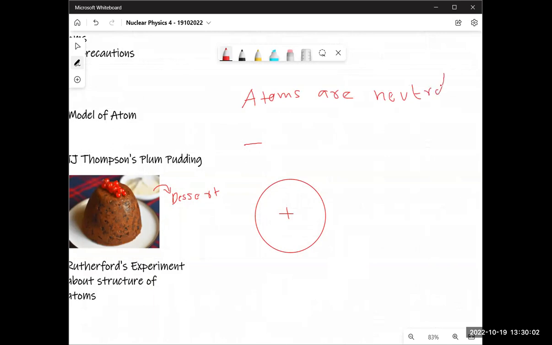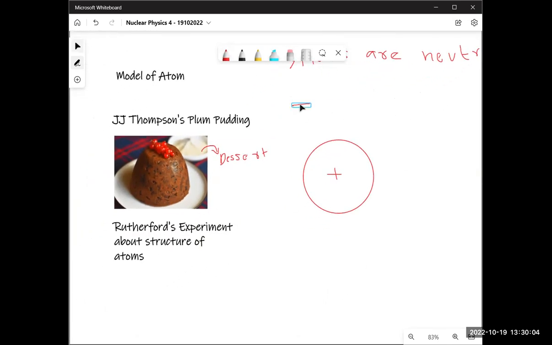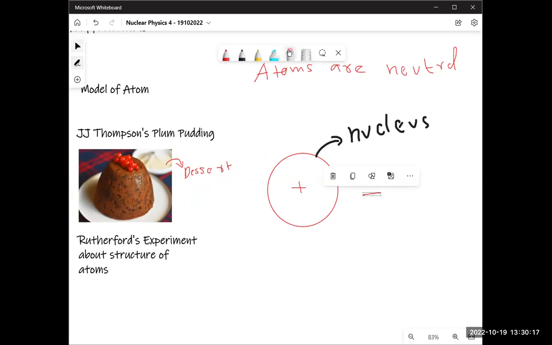Fine. But what Thomson suggested was that the atom looks something like this: the positive proton, the nucleus. This is the nucleus, and it is positive. He said the nucleus is positive, and inside the positive nucleus we have these small charges which look like this.